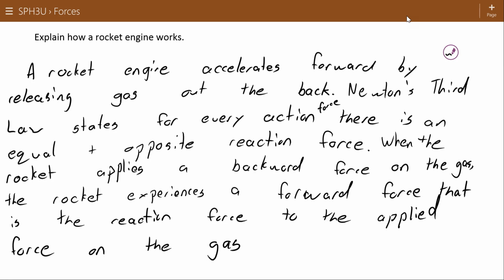So when the rocket applies a backward force on the gas, the rocket will experience a forward force. That's actually probably a sentence like that.